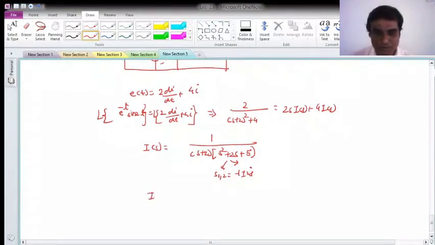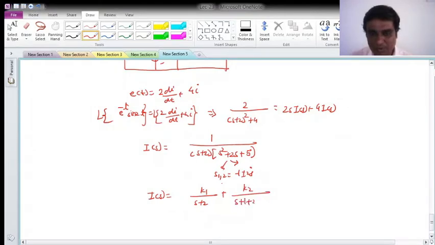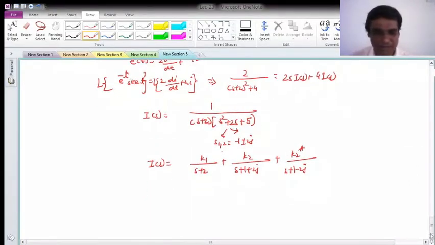So now I can use the partial fraction, so it will be k1 over s plus 2 plus k2 over s plus 1 plus 2j plus k2 complex conjugate over s plus 1 minus 2j, and I can evaluate k1 and k2. So for k1 you can multiply s plus 2 with this at s is equal to minus 2, so k1 I got as 1/5.